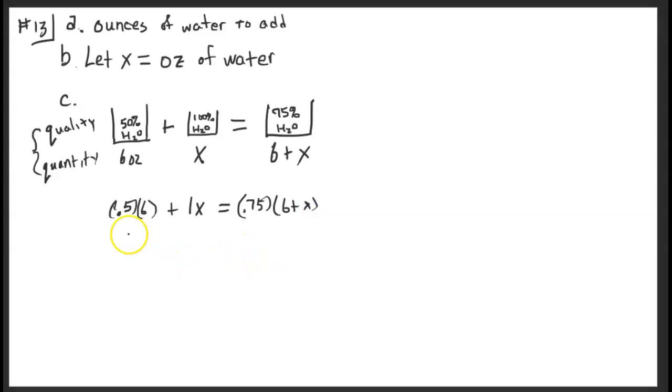Notice in every case here, across the equation, it is quality times quantity. Okay? And so now you simply solve that for x. And what is the x going to tell you? Well, it's going to tell you the ounces of water. Is that going to answer the question? Yes, it will. All right.